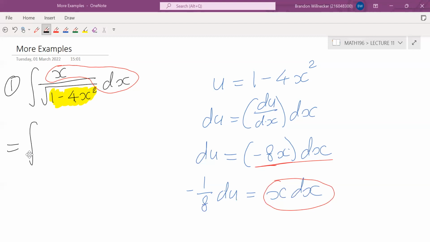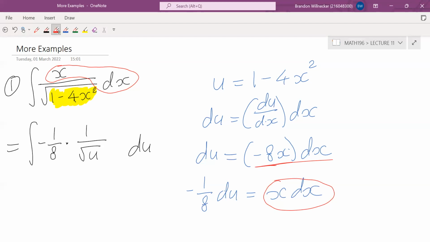Okay, so x dx is going to be replaced with minus 1/8 du. So we're going to have minus 1/8 and then du at the end. Then 1 over the square root of 1 minus 4x squared is going to be replaced with 1 over the square root of u.